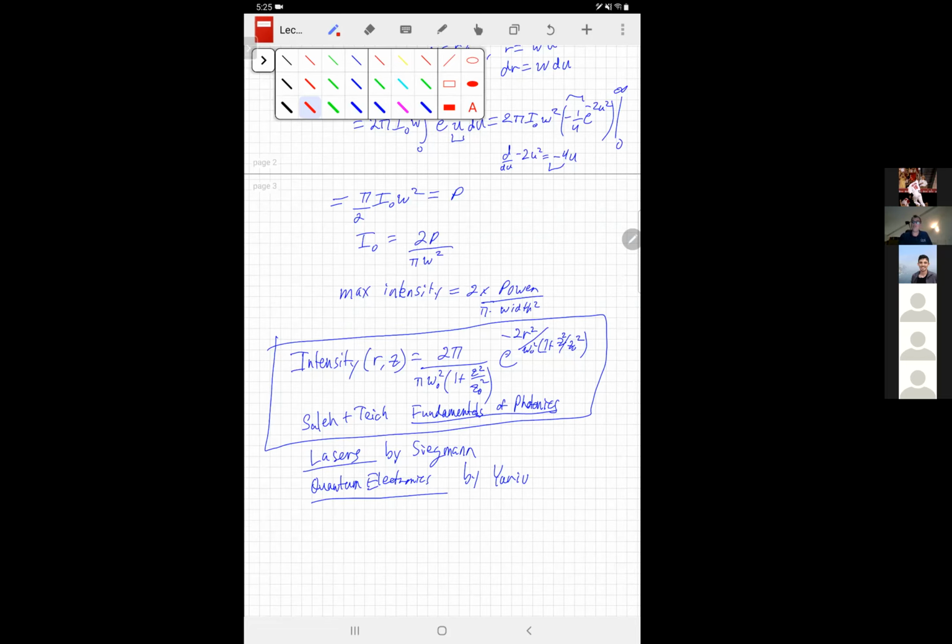Somebody must have a question. Well, if you need to refine it, these are the books that I usually turn to when I need to refine my understanding of Gaussian beams. I like this one because it has a little bit of everything at a very practical, sometimes qualitative level.